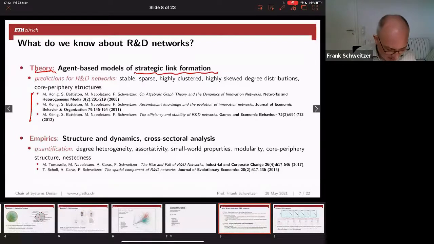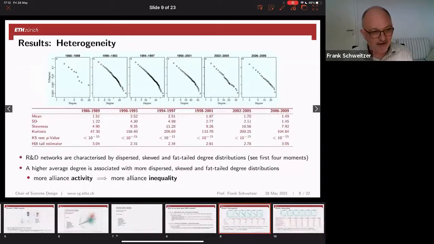So we have published also papers on this empirical analysis. You find it on the website, and in the following I show you a few small glimpses of the results. So one result is about heterogeneity.